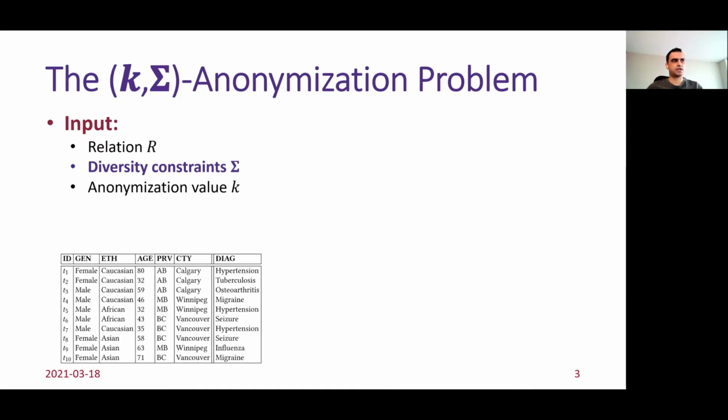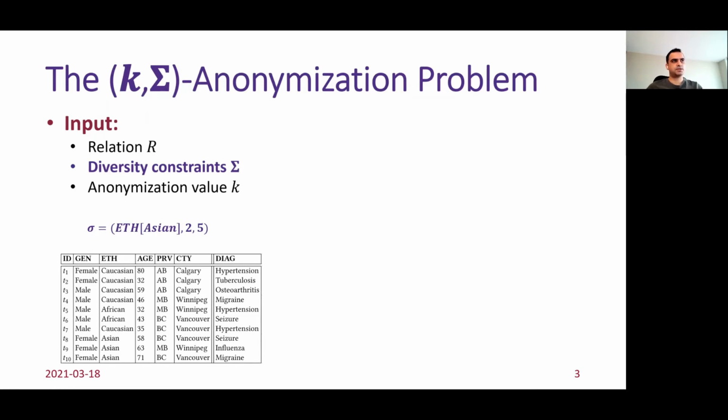In our running example, we have this relation about patients, and then we might have a diversity constraint like this that requires this table to have at least 2 and at most 5 individuals of ethnicity Asian. Obviously, this constraint is satisfied by this relation because of the last 3 records.